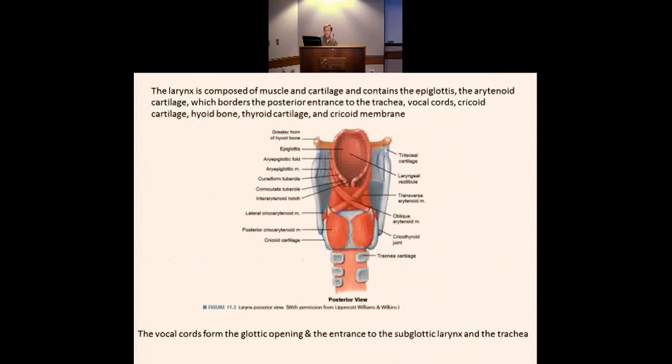We basically bypass all of that. The larynx is composed of muscle and cartilage, and contains the epiglottis, your arytenoid cartilage, vocal cords, cricoid cartilage, hyoid, thyroid cartilage, and cricoid membrane. So that's everything there. Your vocal cords form the glottic opening, as we're putting the ET tube through.